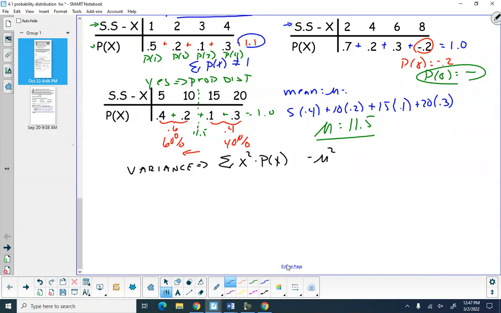So we have 5 squared times 0.4 plus 10 squared times 0.2 plus 15 squared times 0.1 plus 20 squared times 0.3. And then we subtract off, and this is typically what is forgotten a lot of times, our mean that we just calculated.